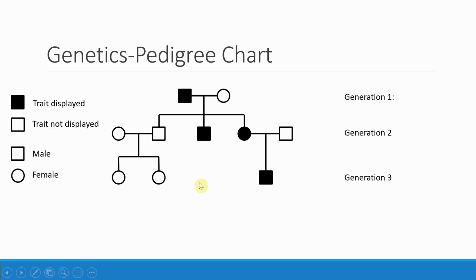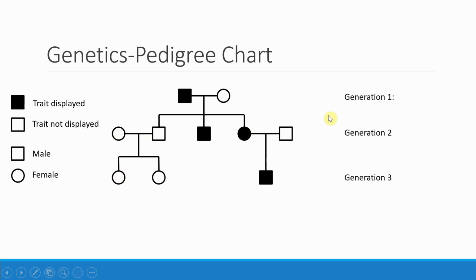Look at this one: both of them are not displaying this trait, and everything is not displaying. So this trait that's not being displayed might be the recessive one. In most cases, they'd probably have more information or more children to make it more obvious rather than just 2. But that's how you would read this.